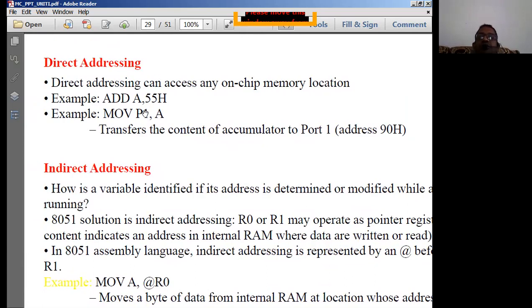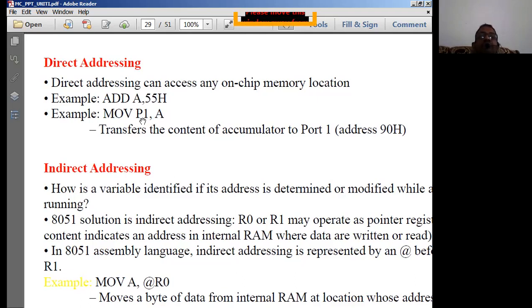That means ADD A comma 55 means this 55 is nothing but an address location. The contents at address location 55 are directly added to A. So this addition instruction uses the direct addressing memory location 55 with A.